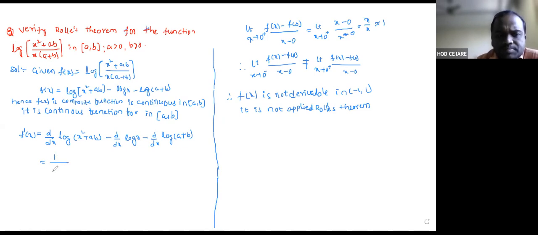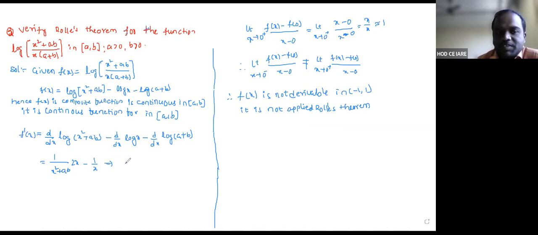One by x square plus ab, and d by dx of x square plus ab we can write as 2x, minus 1 by x. So this is f dash of x, and we can simplify the equation, no problem.